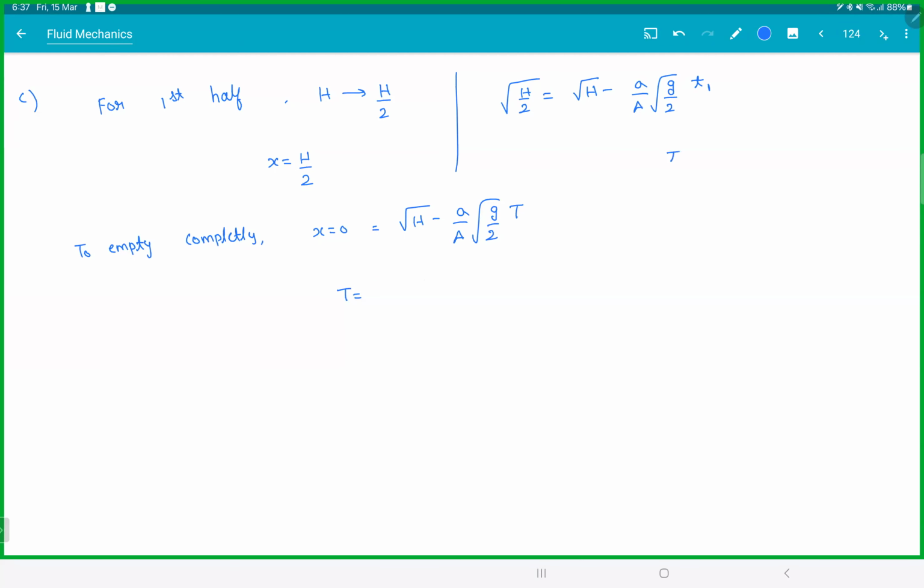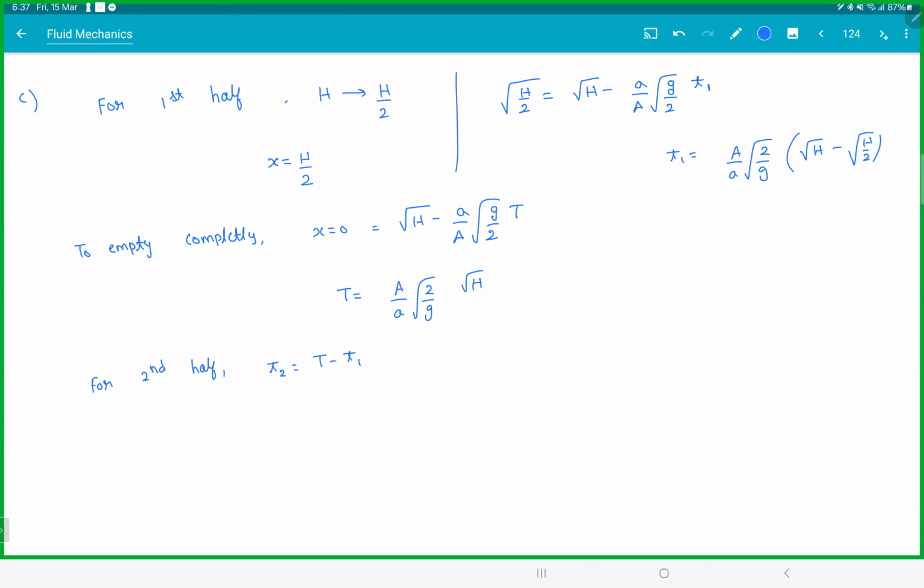So t1 will be A by A root 2 by g times root h minus root h by 2. T will be A by A root 2 by g root h. For the second half, what will be the time? T2 will be T minus T1. Does it make sense?